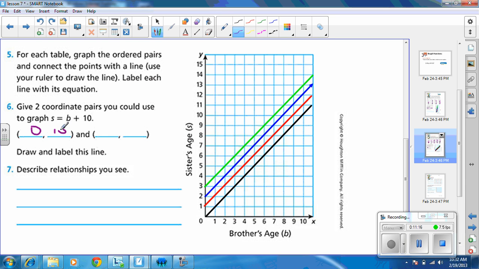And then we would need another point. It could be like 5, 15. That wouldn't work on this particular graph necessarily. Oh yeah, that would work perfectly on this graph, 5, 15. Okay, so describe the relationship you see. You should say something about the increments being equivalent, equal, each going up as a stair step.